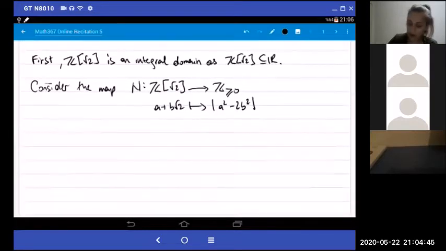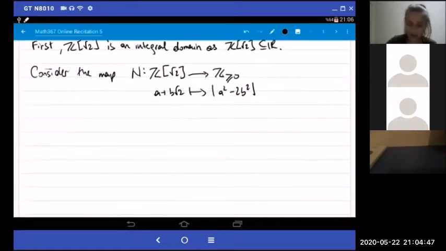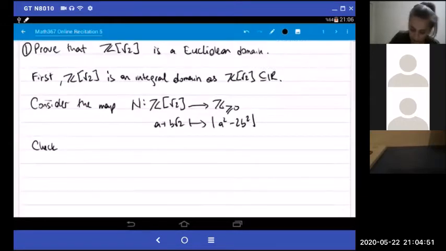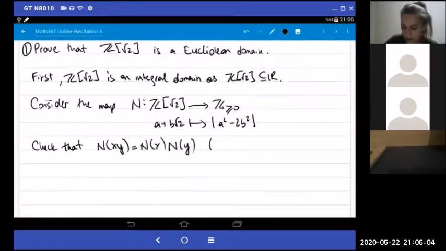Now, it is easy to check that it is multiplicative. Check that N of xy is equal to N(x) times N(y). That is, N is multiplicative.